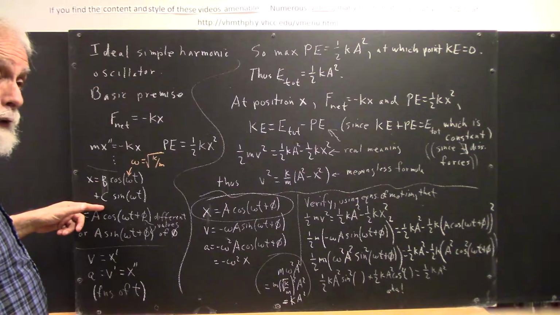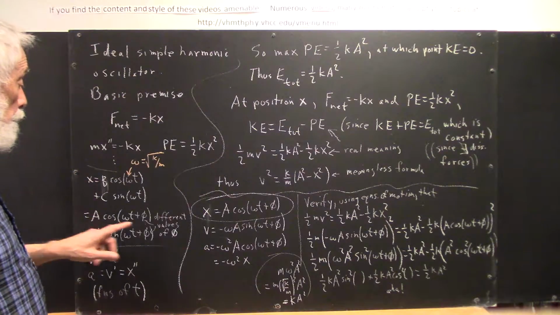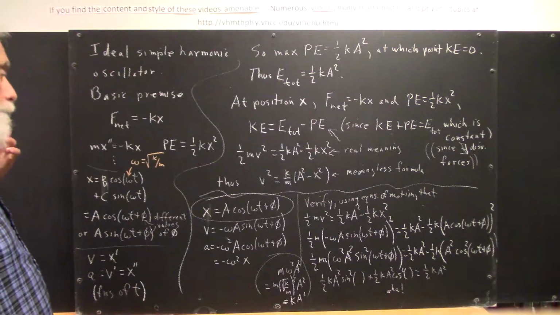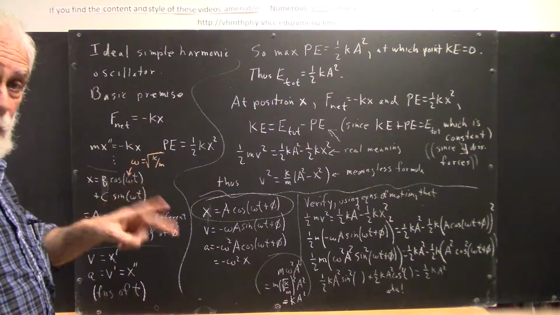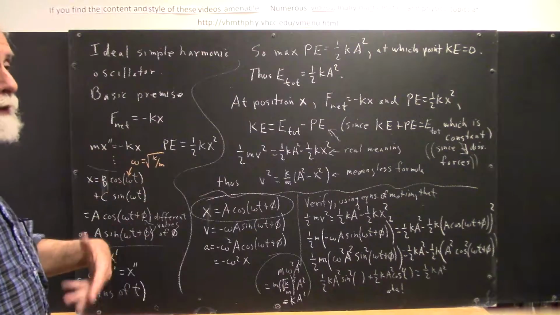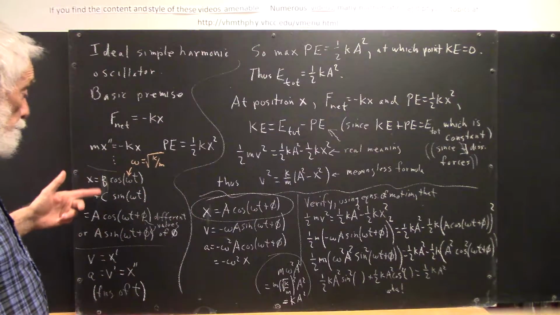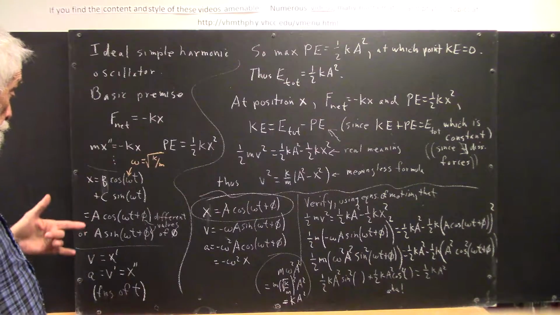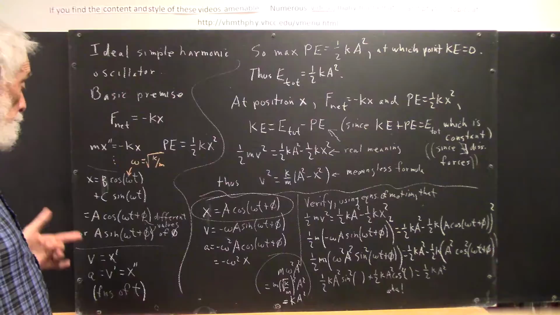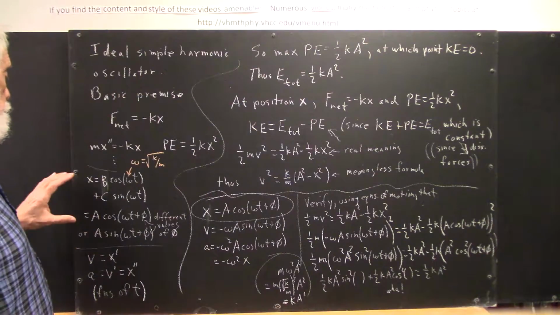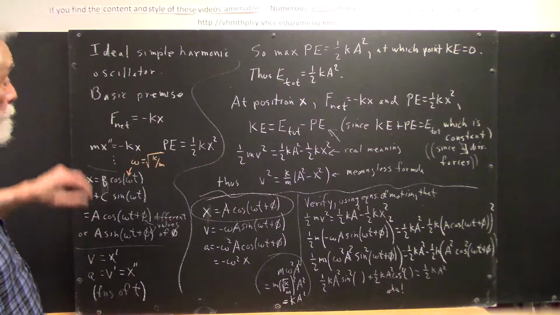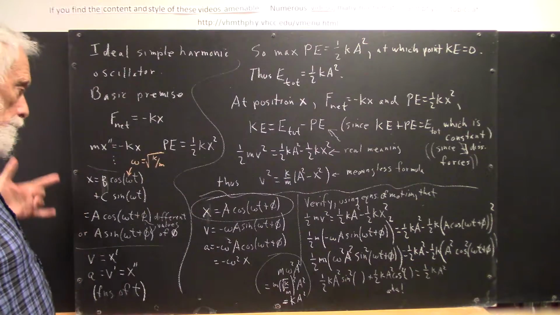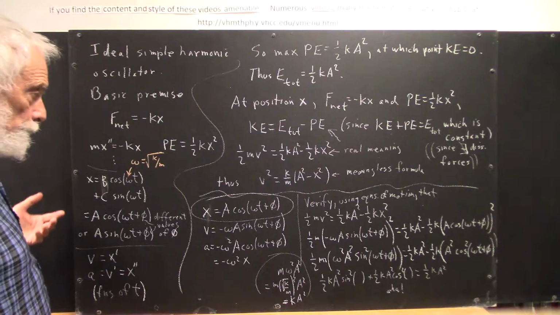So here the integration constants are b and c, here they're a and phi, and here they're a and phi. That means there are two initial or boundary conditions that you can satisfy by adjusting the integration constants, the adjustable parameters of the function. Okay, you know that, and you may not understand a lot of what I just said, but the more you work on it, the more you'll understand how all this works out.